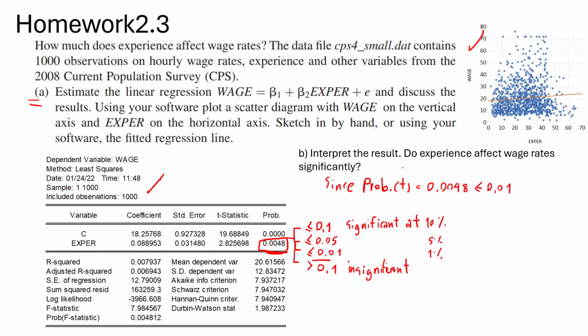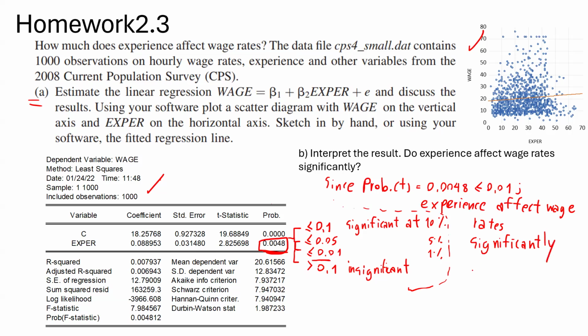Okay, so it means experience affects wage significantly at the 1% significance level.